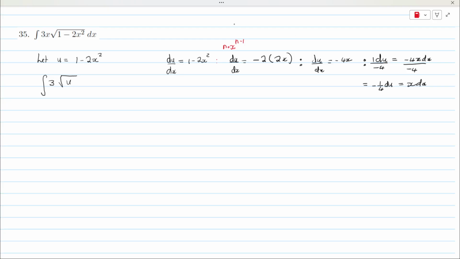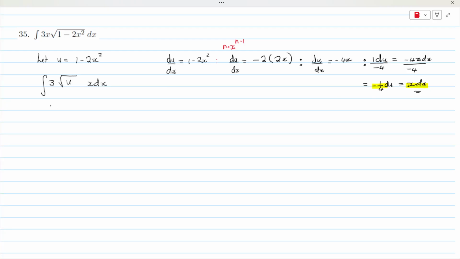Now, in the derivative that I found, I said that x dx is equal to negative 1 over 4 du. If we look at this expression, there was an x here and a dx here. If I write it as x dx, it is the same, because I already know that x dx is negative 1 over 4 du.